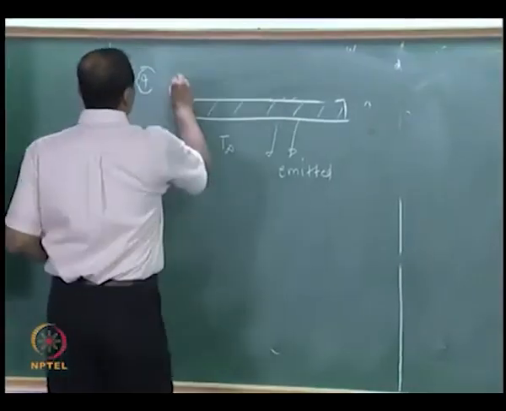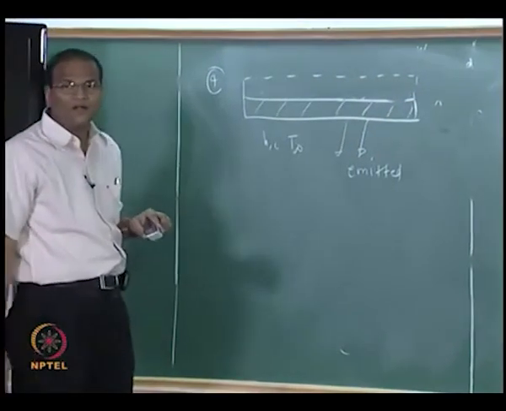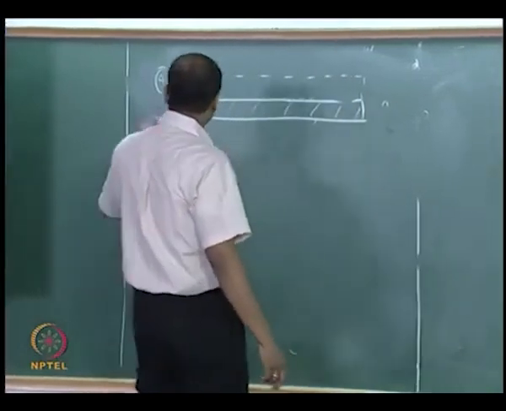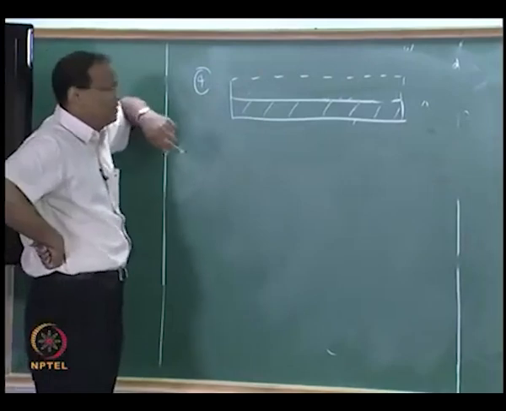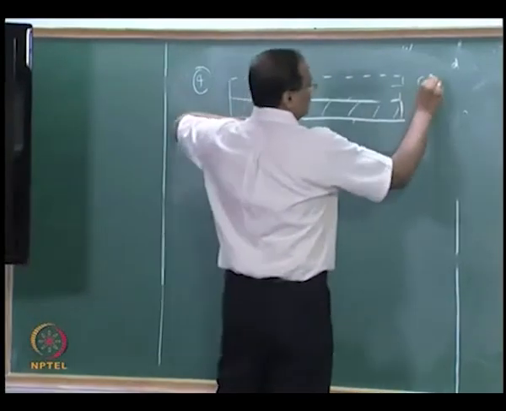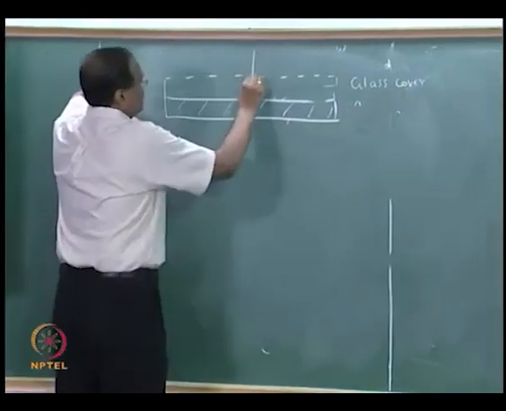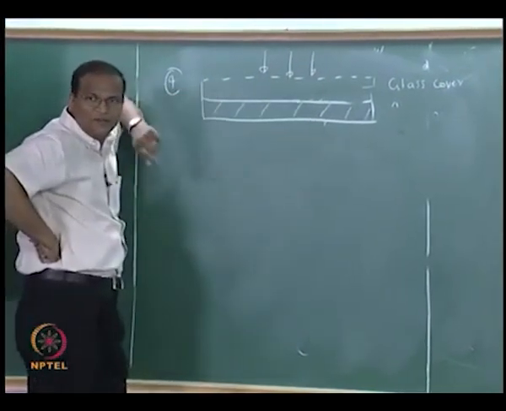Now what the solar people will try to do is use a non-selective surface, where emissivity is already low. They will have something where absorptivity is 0.6, they may increase it further, and there will be a glass cover so that you can reduce the convection.